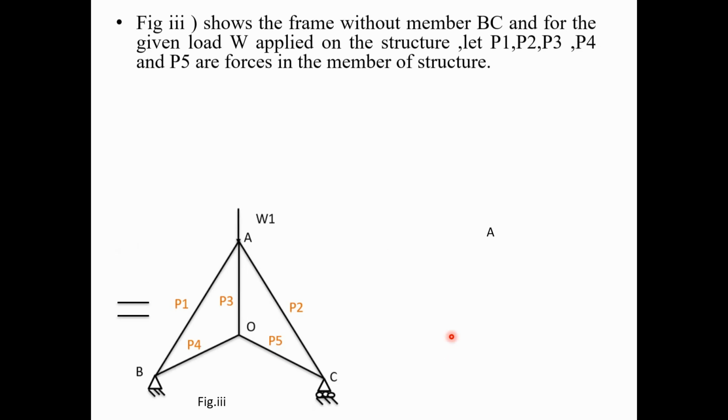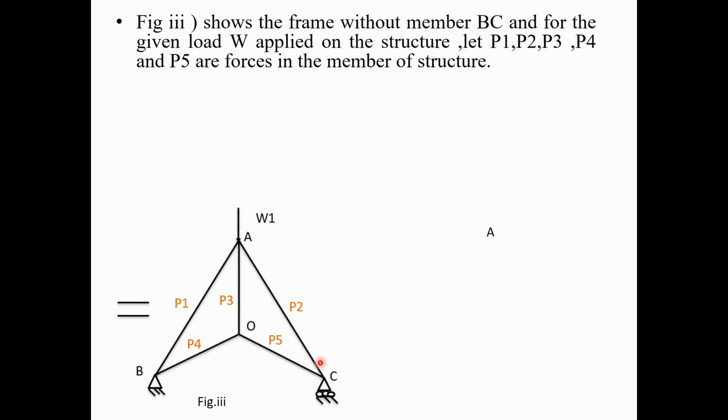The next, figure 3, shows the frame without member BC, and for the given load W applied on the structure, let P1, P2, P3, P4 and P5 be the forces in the members of the structure. So in the analysis, the next step is that we have to remove the redundant member totally from the truss. Here you can see the figure where the BC member is totally removed from the structure.